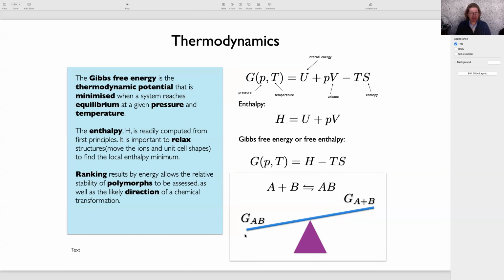Now, thermodynamics is an equilibrium theory, and that equilibrium might actually never be reached in the time that the universe is around. So your system might be stuck in a metastable state, but it's still important to know that it is indeed metastable and not the most stable.